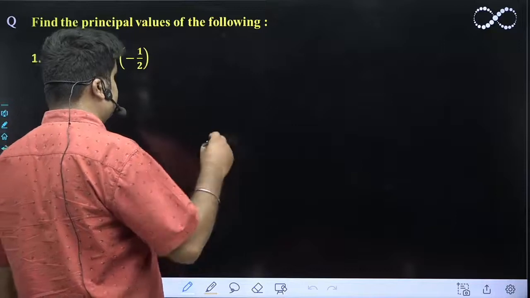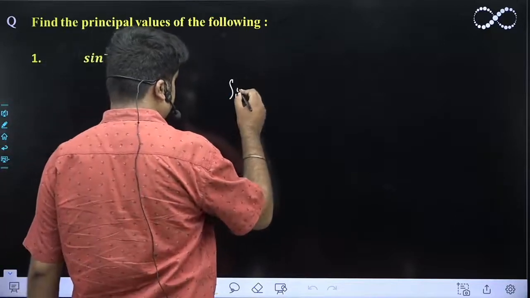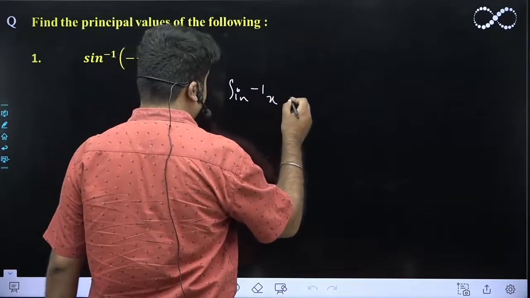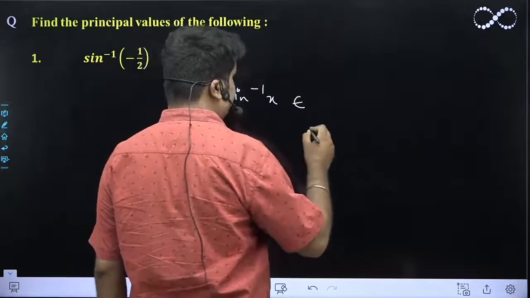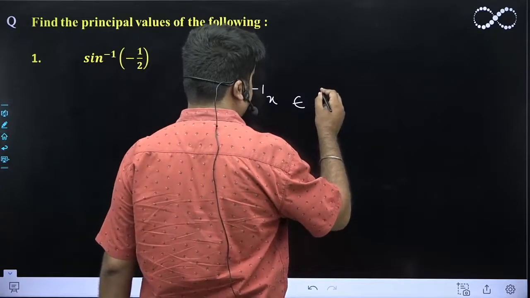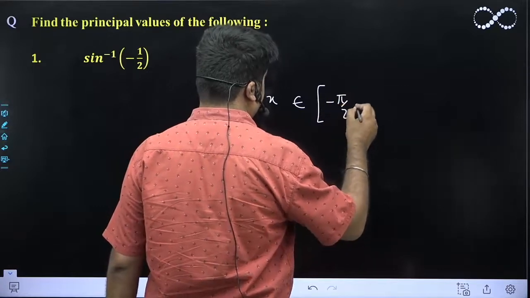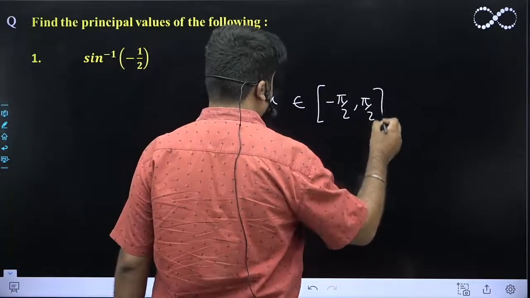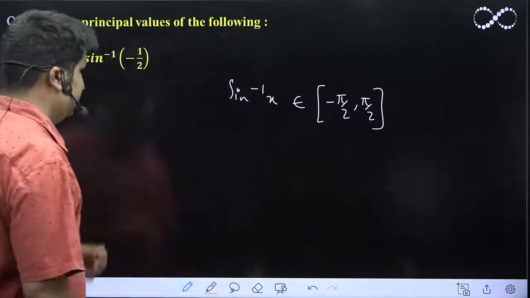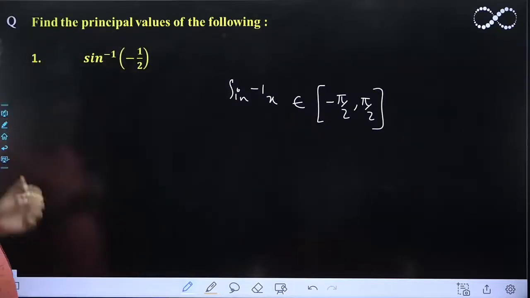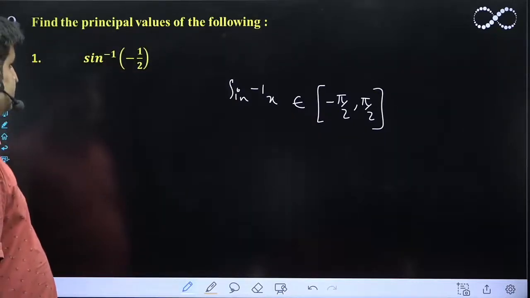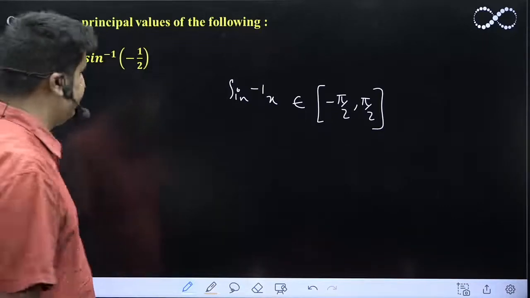So first of all, you need to tell me what is the range of sine inverse x. This is minus pi by 2 to pi by 2, right? So sine inverse x lies between minus pi by 2 to pi by 2.